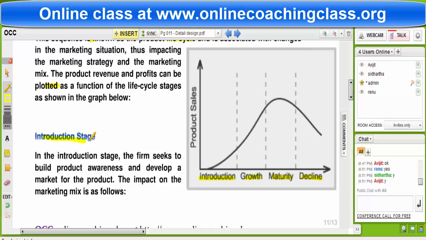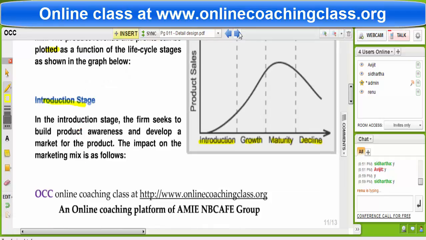So this is the introduction stage. Till that time, when this advertisement is started, the product is not launched to the market. One to two months later, this product is launched in the Indian market. Have you seen that? This is called the introduction stage, where you introduce something.